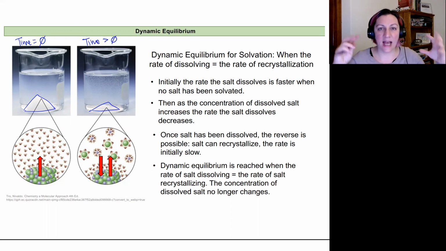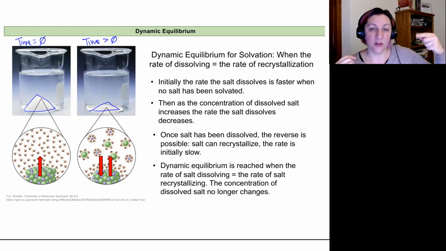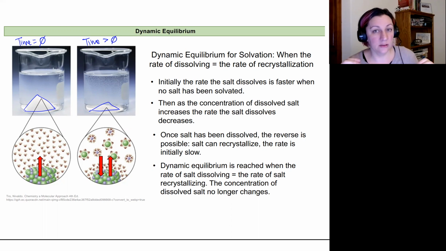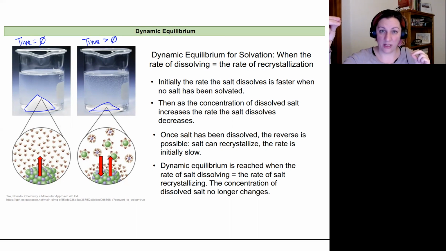But then as ions build up in the solution, that rate of dissolving, or rate of solvation, will slow down. As that rate decreases, and we have more and more of these ions already in solution, we start having our opposite rate, the rate of recrystallization, start to increase.